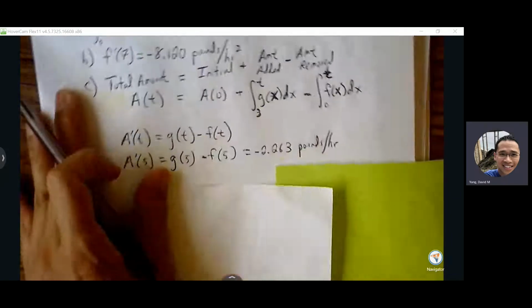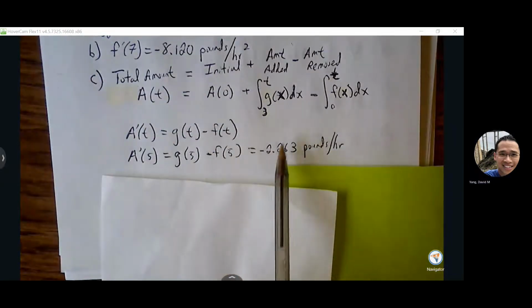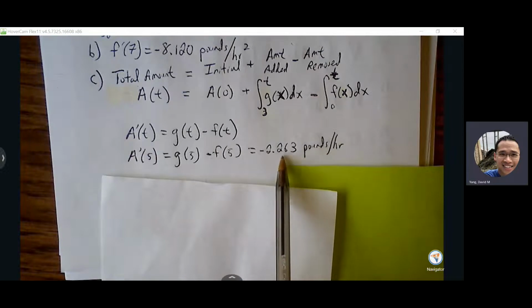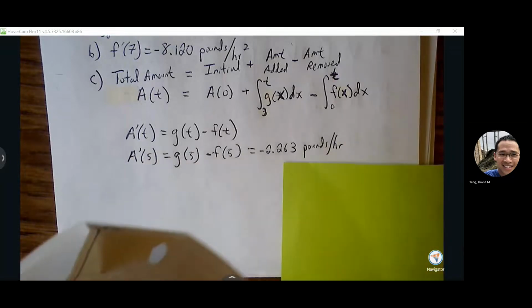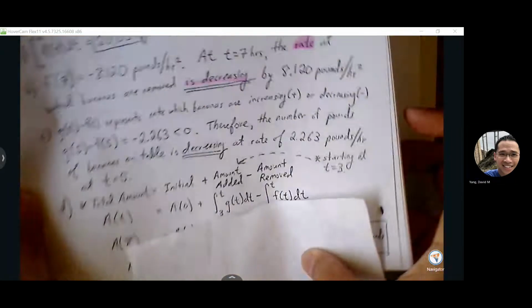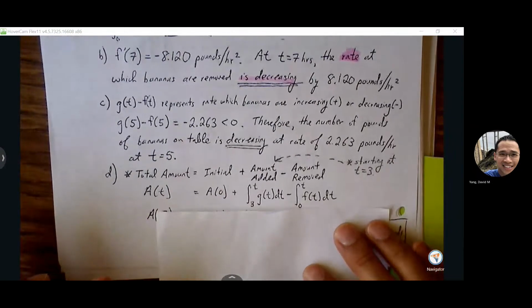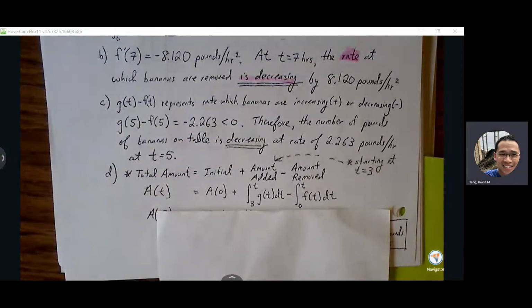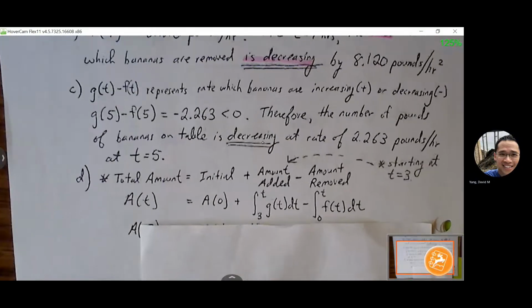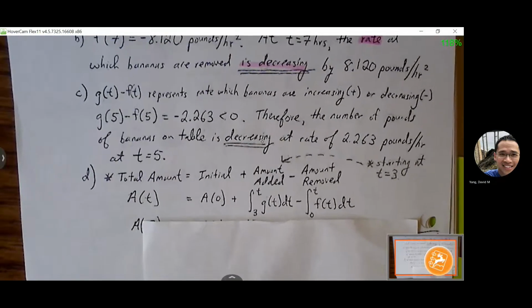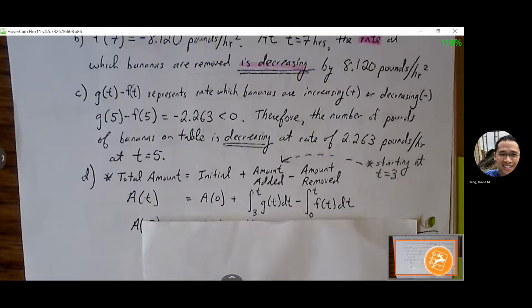So what that tells us is that the number of bananas is decreasing by this rate 5 hours in. It's not the rate that's decreasing, it's the number of pounds of bananas that's decreasing, right? We're just at the first derivative level.